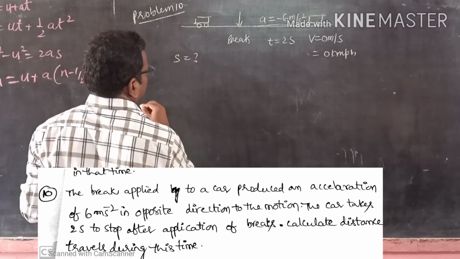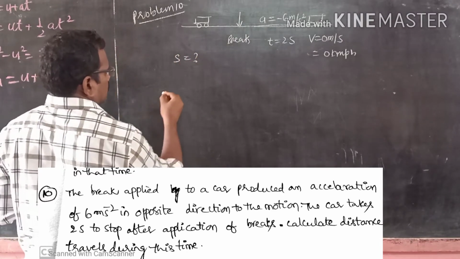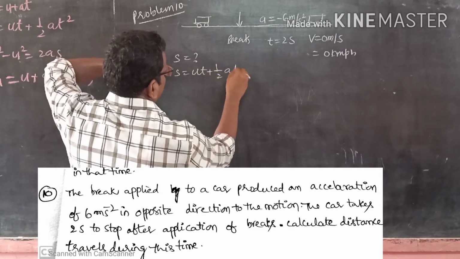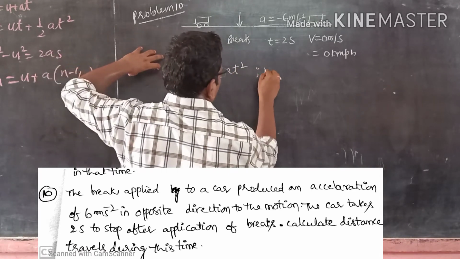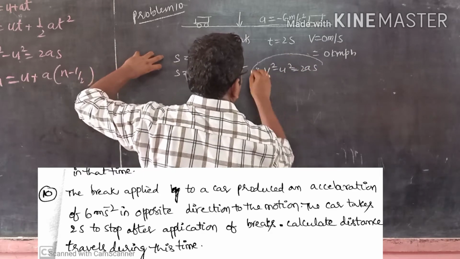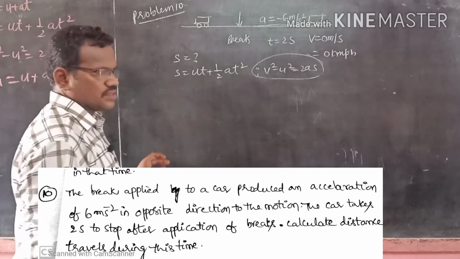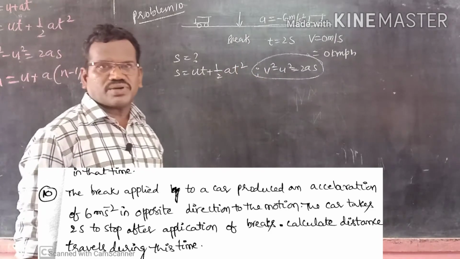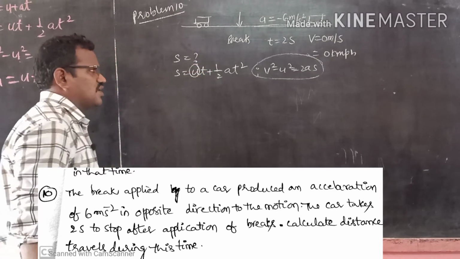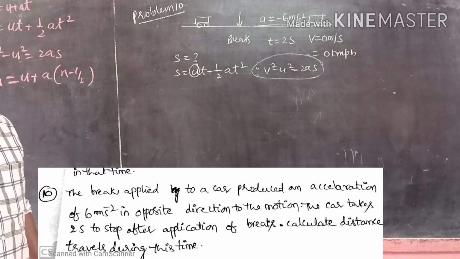s is equal to ut plus half at square, and one more equation is there, v square minus u square is equal to 2as. This equation is not at all considerable, because time is not provided. But in this problem, there is a deficiency of initial velocity.